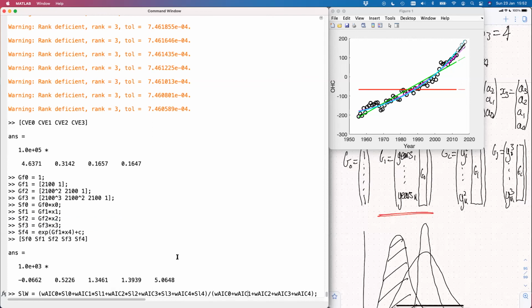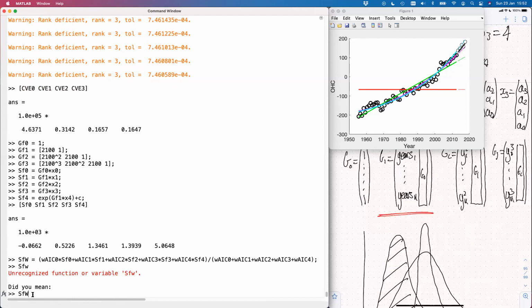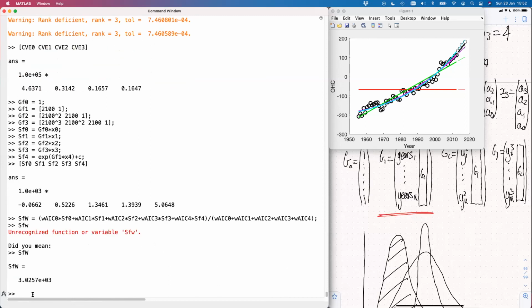Now, rather than combining the SLs, I want to combine SFs, the SFs that I've just computed. Done them all. 1, 2, 3, 4, 5. Yeah. So we'll call this SFW as well. And let's see what it tells us.